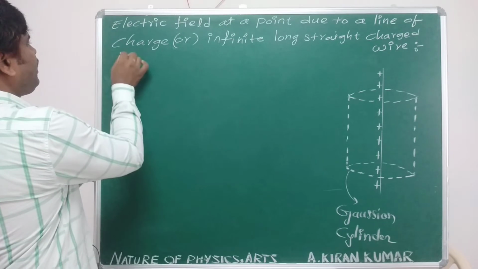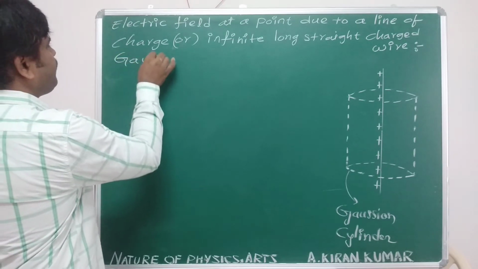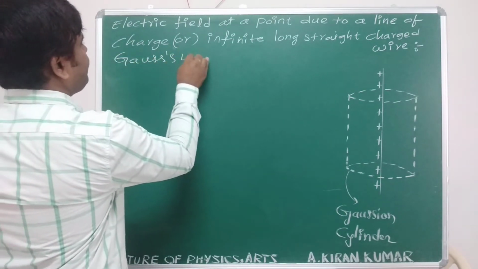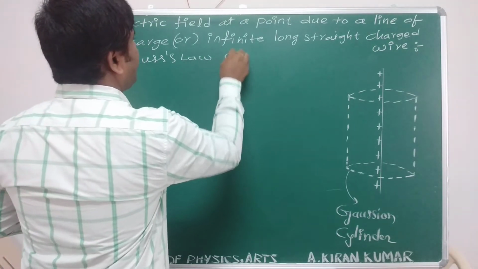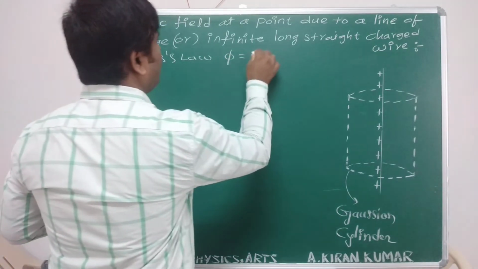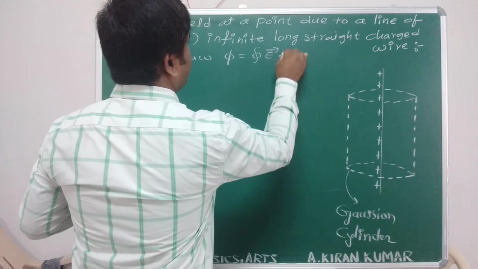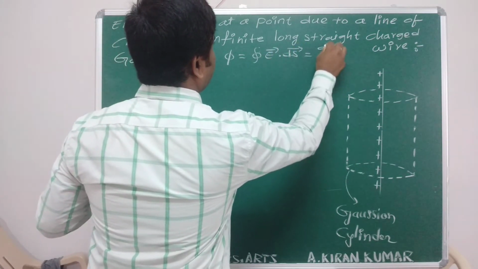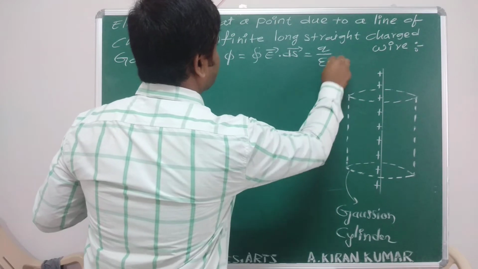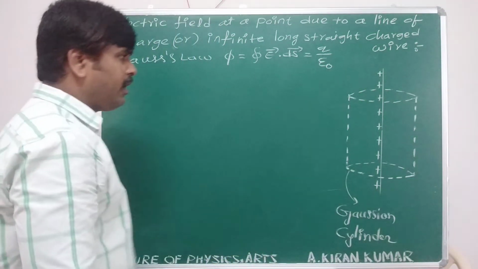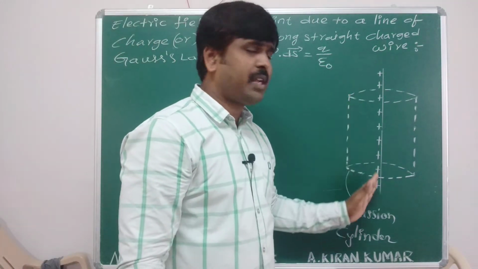So from the Gauss law, phi is equal to closed integral E bar dot ds bar, which is equal to q by epsilon naught.